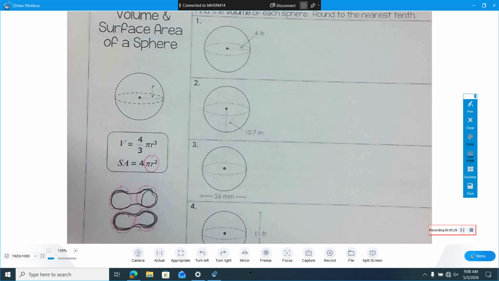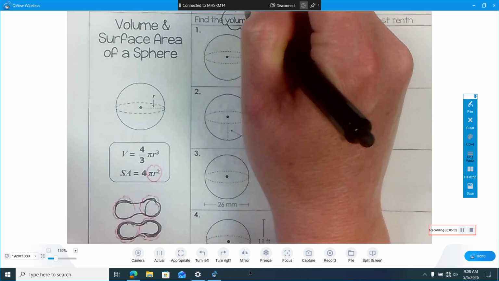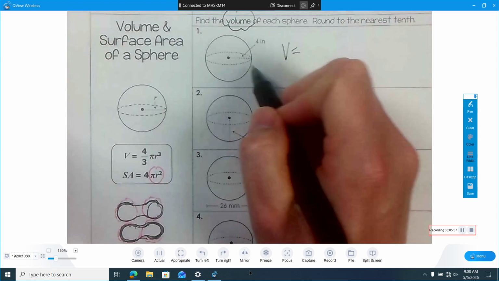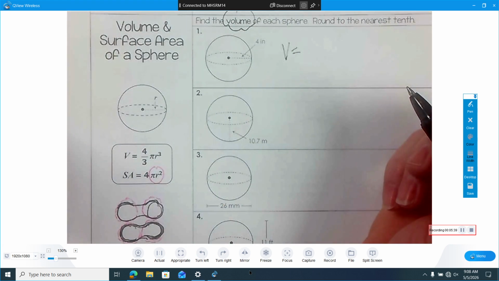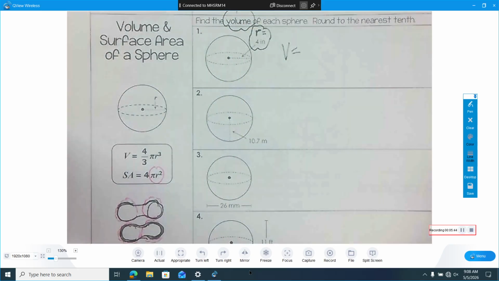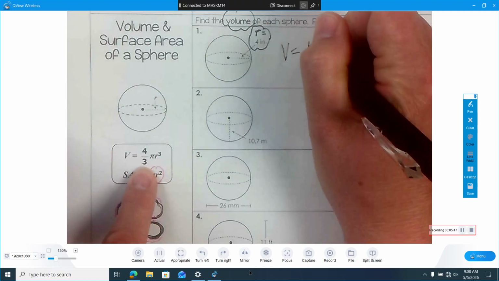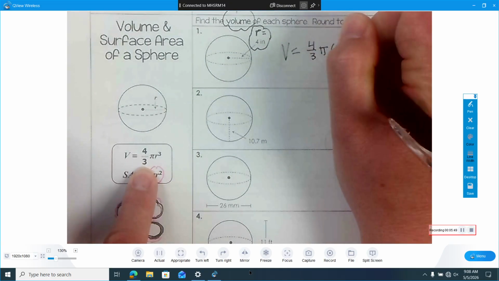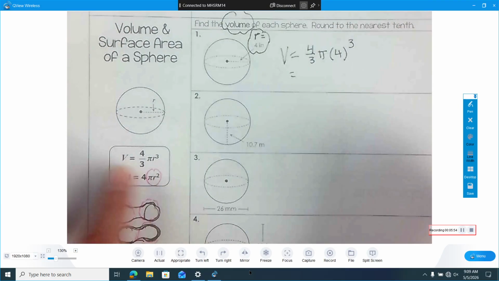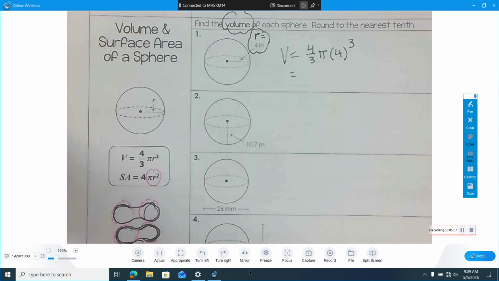All right, so we got a couple formulas here. Right now we want to find the volume of each sphere, rounded to the nearest tenth. What is this 4 inches for? That is our radius. The radius is 4 inches, so we use our formula, 4/3 pi radius cubed. Go ahead and plug that into your calculator: 4/3, not 63, pi times 4 to the third.